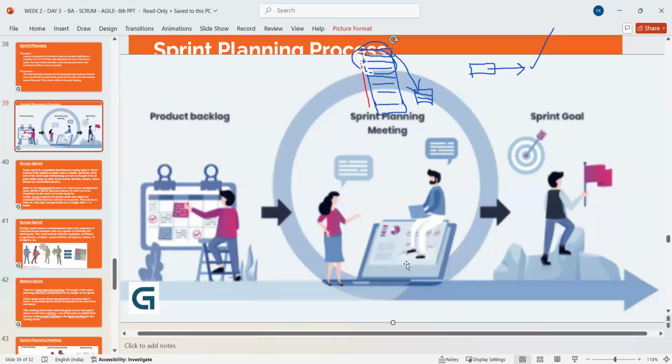Now, in the sprint planning meeting, though we have only two people in this image, generally it is the entire development team. That means your business analysts, developers, testers, system architect, security personnel, designers, whichever skilled resources you have in your team, the product owner, and the Scrum Master. So everybody will be there.